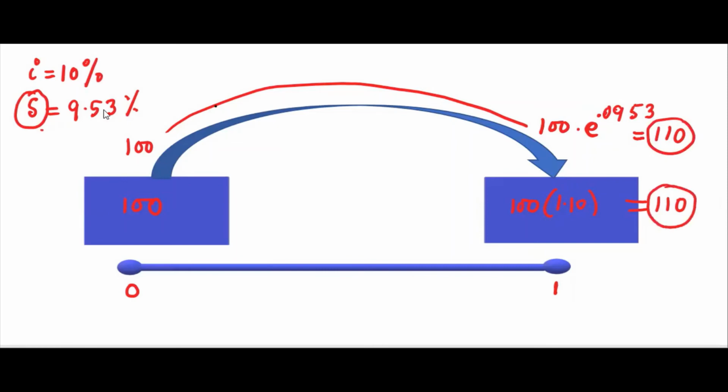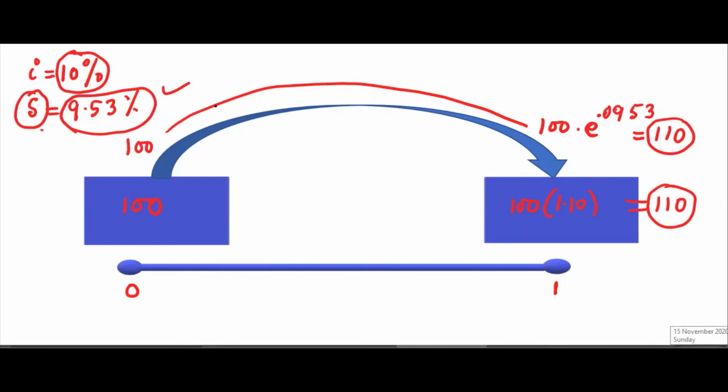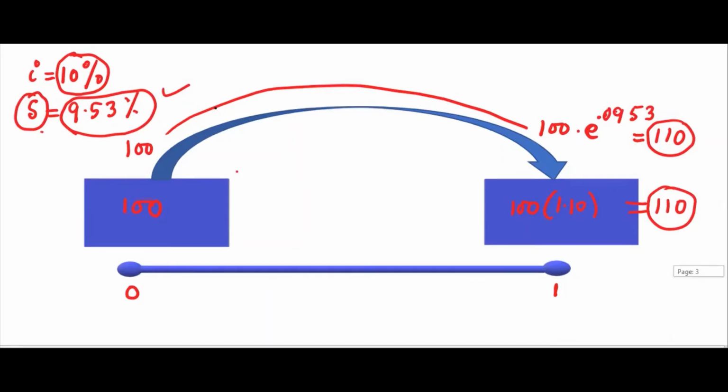So i 10% is equivalent to i2 by 2 4.88% per half year. That is equivalent to per quarter 2.41%. That is equivalent to 9.53%. This is the constant force of interest. Now we have force of interest as well. We'll do that in the next class.